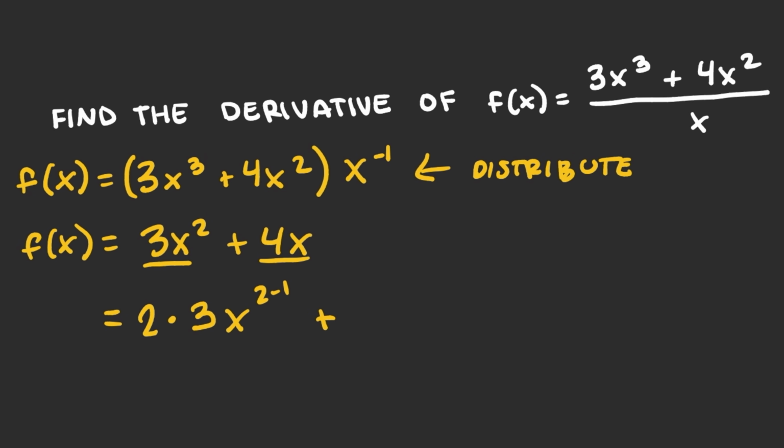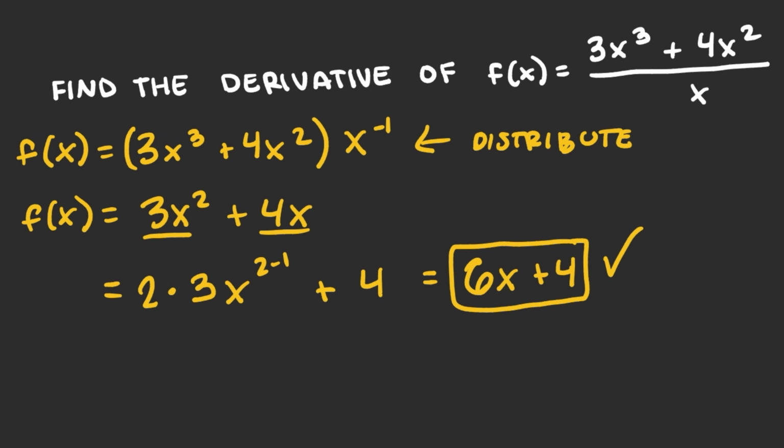So then this would simplify to 6x plus 4. So the derivative of 3x cubed plus 4x squared over x is 6x plus 4. We just rewrote the notation, and then we distributed this x to the power of negative 1, which gave us these numbers. Then we applied the power rule to each of these, and that gave us 6x plus 4.